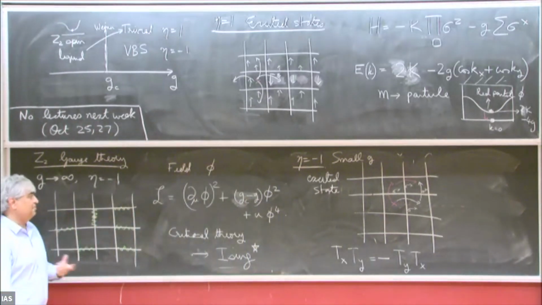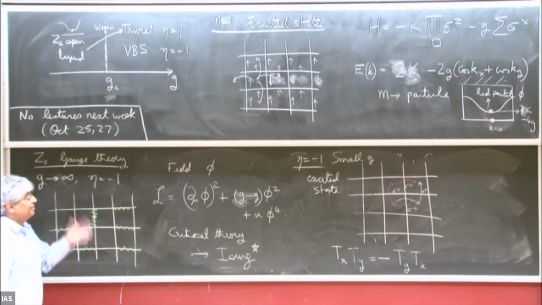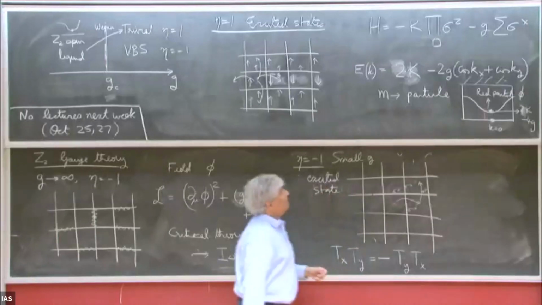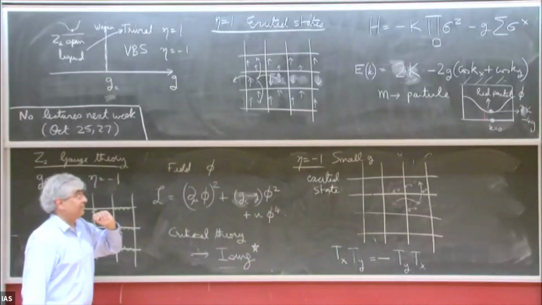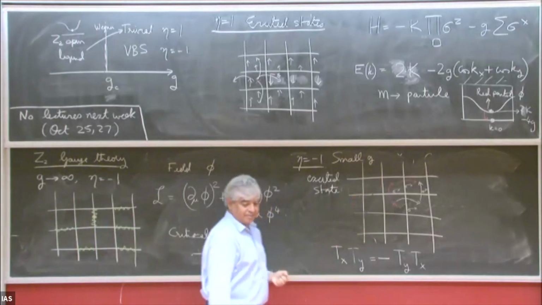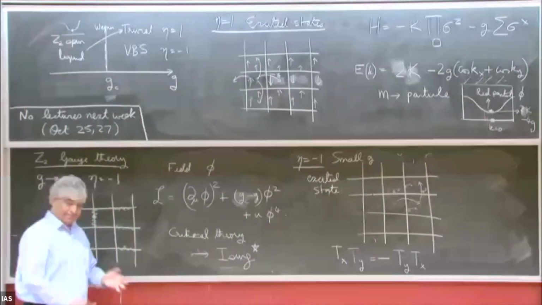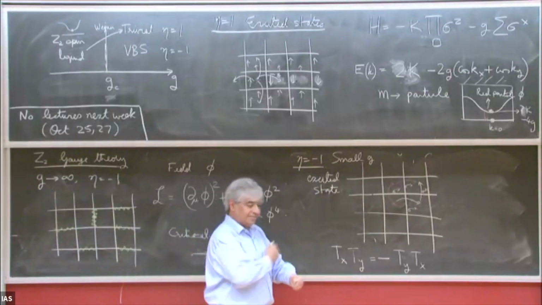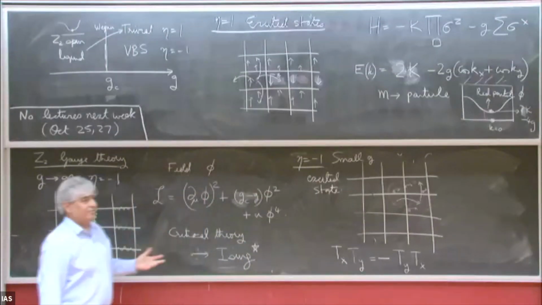This flux, Z2 flux, is a magnetic charge of this gauge theory. And since there's electric charges on every site, because G_i is dependent on the electric charge on every site, when you take a magnetic charge around an electric charge, you get a factor of -1. Or the other way around. We usually think of it as an Aharonov-Bohm flux. When you take the electric charge around a magnetic charge, here you're doing the opposite.